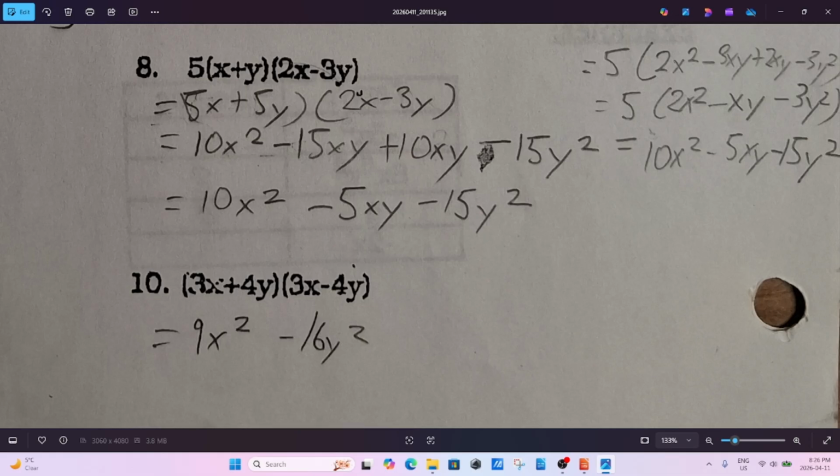And then we do the 5x times negative 3y, gets you negative 15xy. Then we do plus 5y times 2x, gives you 10xy. Then we do 5y times negative 3y, negative 15y squared, which is equal to 10x squared and the negative 15y squared, and in the middle you would add the two terms together to get negative 5xy.